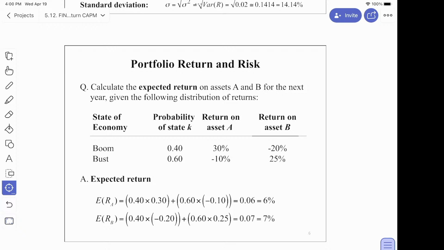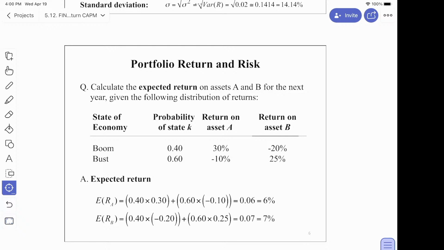Well, you see, the negatives are reversed. When asset A does well with 30% return, asset B does relatively poorly, right? Negative 20% return. So there's a loss. For every dollar invested, they lose 20%. They didn't make anything. And in the bust economy, asset A does poorly and asset B does relatively well. Okay, so these assets are negatively correlated. When one does well, the other one does poorly, and vice versa.